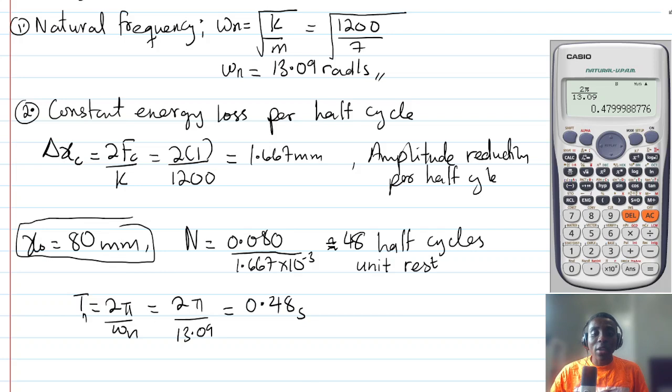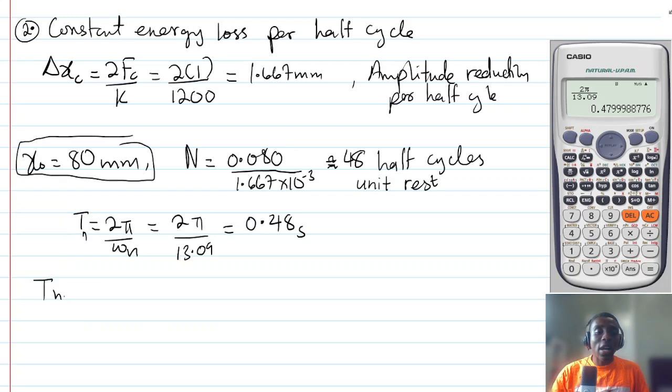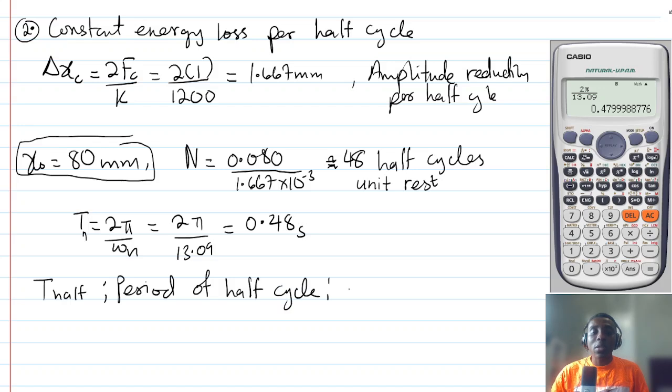Okay, so if we are interested in the half cycle, then for T half, that's the period of the half cycle, we will divide it by 2, or 1/2 the period it will take for the full cycle, which is going to be 0.24 seconds.